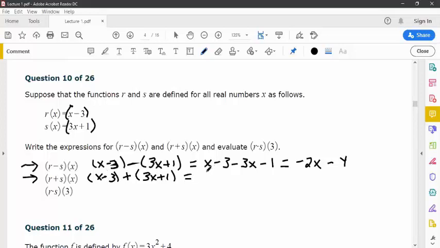So remember, if nothing's in front, I just drop the parentheses. Also, if there's just a plus sign in front, everything stays the same. So that stays a positive 3x, and that stays a positive 1. And we add the two together, so we have 1x plus 3x, which is 4x, and negative 3 plus 1, which is a negative 2.